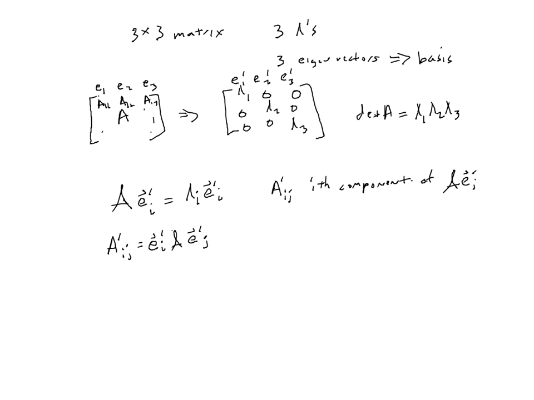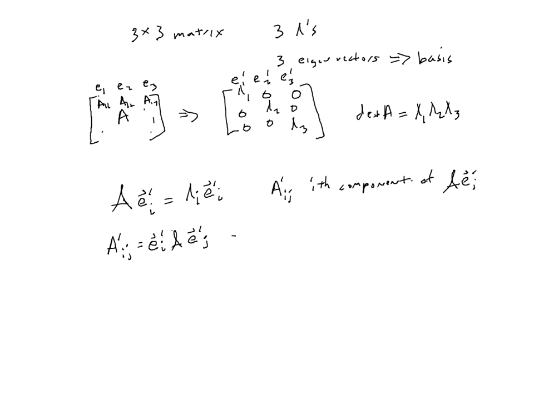And that works because we're basically just saying that if this is just the ith component of this guy, then we just multiply this component by the basis and we get the full thing.